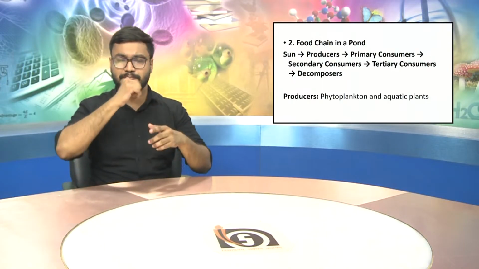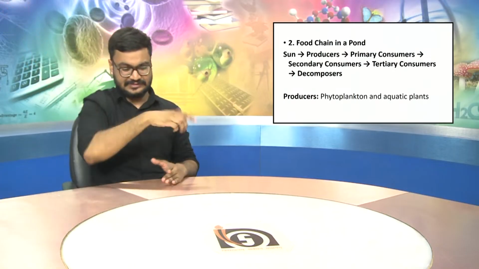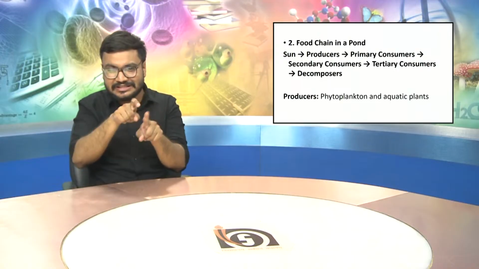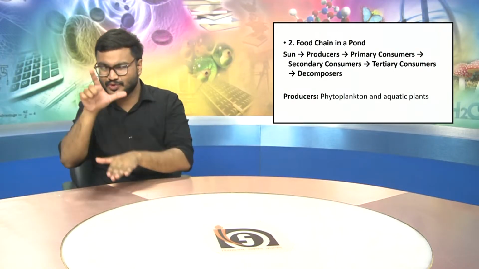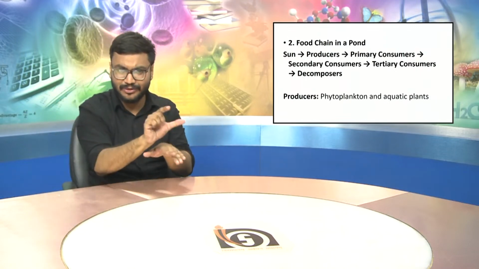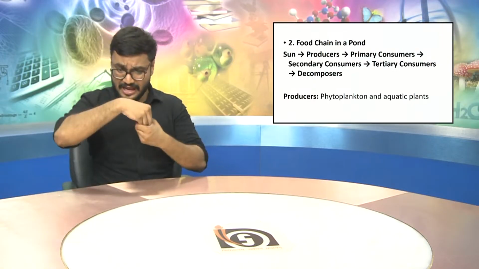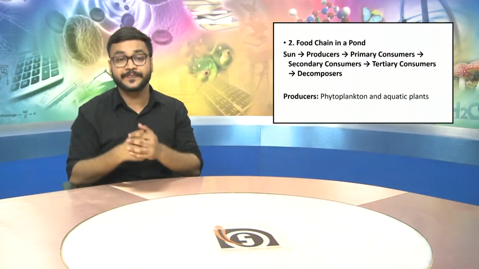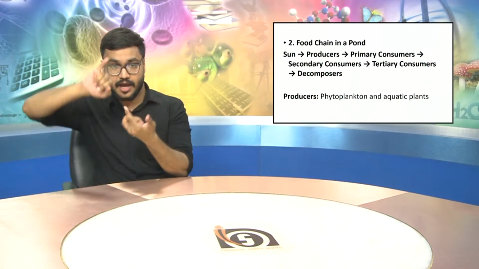And second, we have seen the food chain in pond. In this, first comes the sun, and then producers, then primary consumers, then secondary consumers, then tertiary consumers, and at last decomposers. Producers are phytoplankton and aquatic plants.